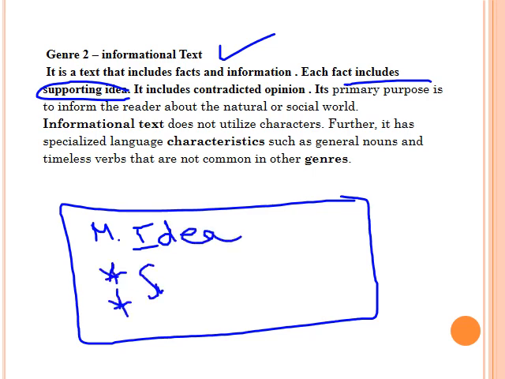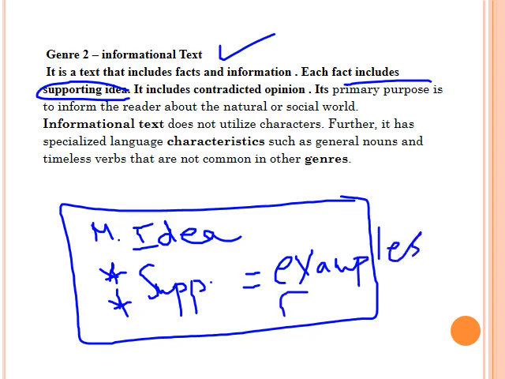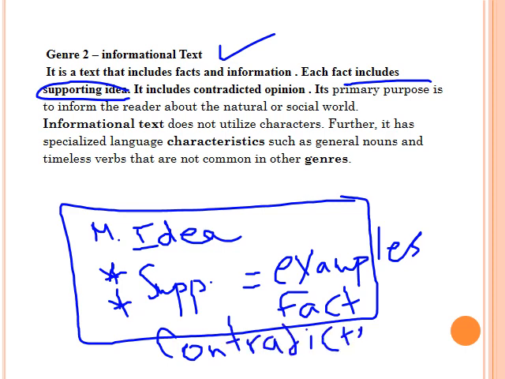All the supporting ideas usually will indicate examples, and all the examples are facts. The informational text also includes a contradicting idea. That means people around have another idea about something or about the product you are talking about. Okay, this is it.